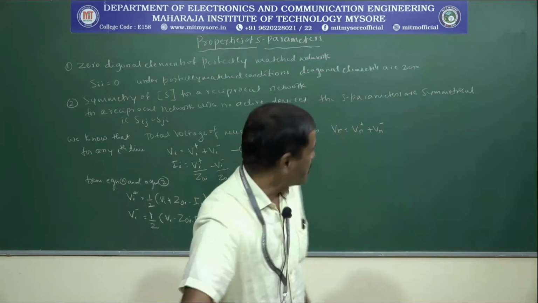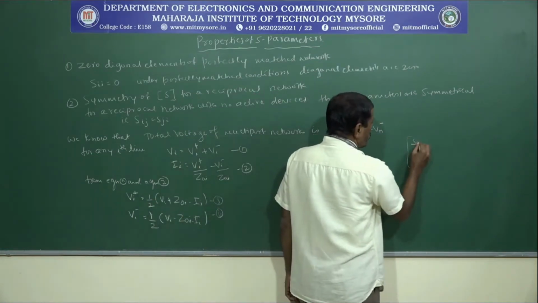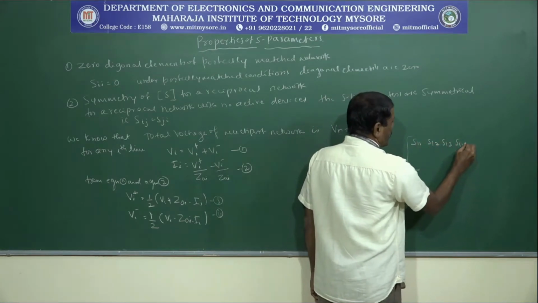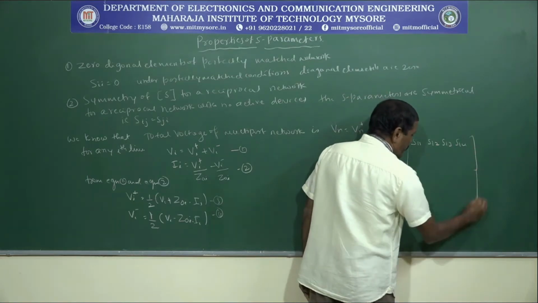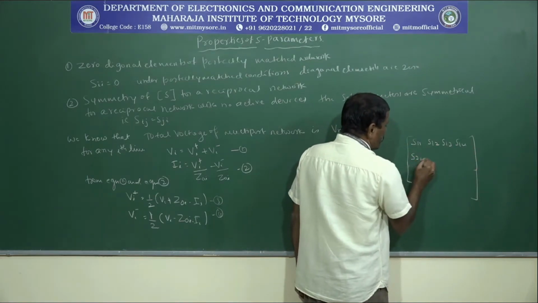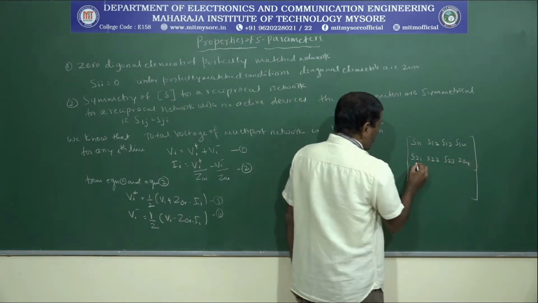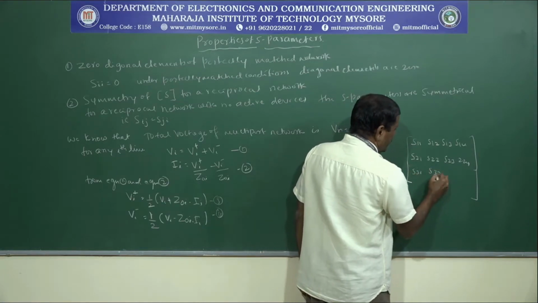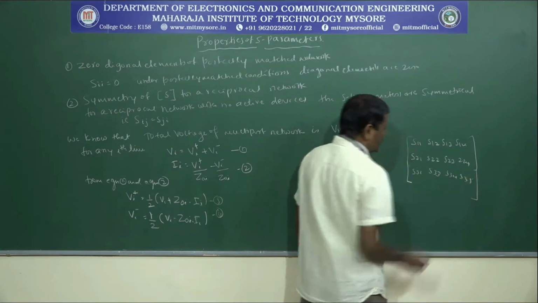So, the meaning of this is that if you closely look into this, we have S11, S12, S13, S14 like this. Then you have S21, S22, S23, S24. Similarly, S31, S32, S33, S34, S35, like this.